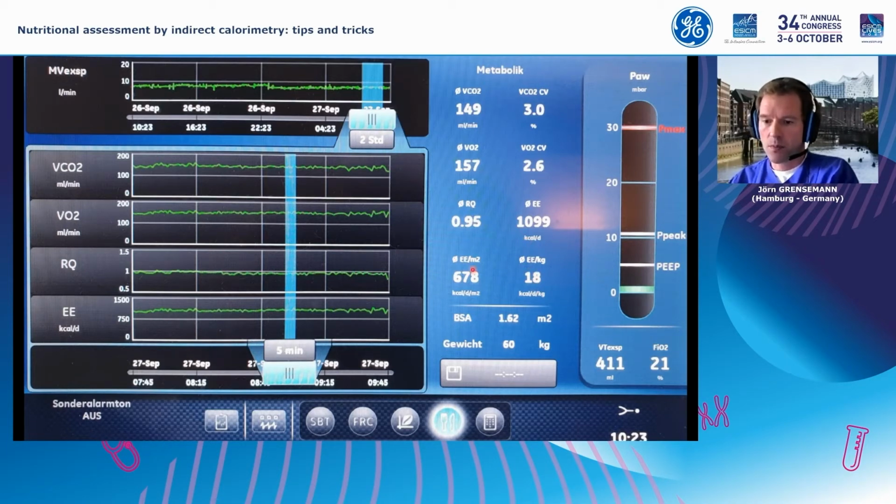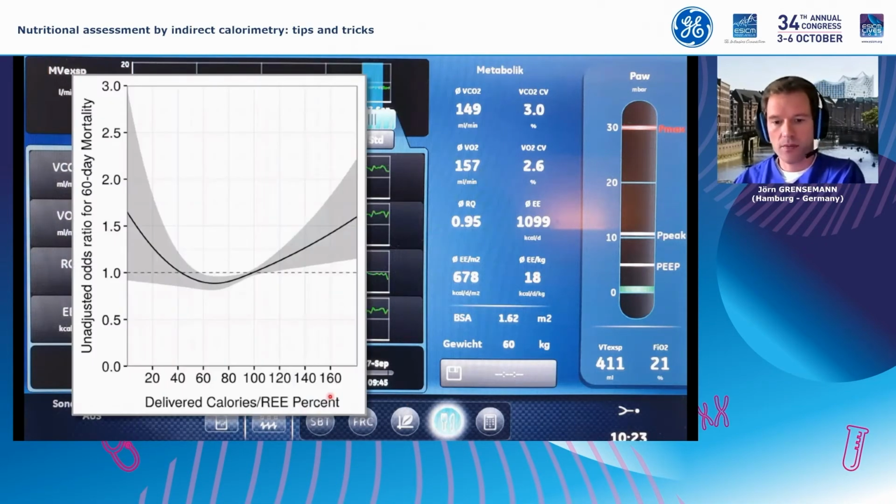This was a fairly little lady, and she only required 1100 kilocalories per day. So if we would have used the formula of 24 or 25 kilocalories, then we would have given her 130% of what she actually would have needed and would have increased her mortality approximately by 20%.